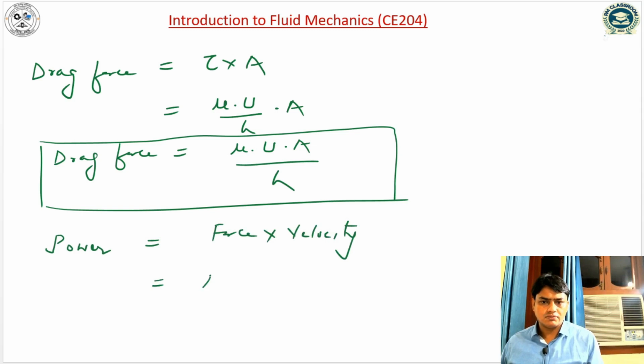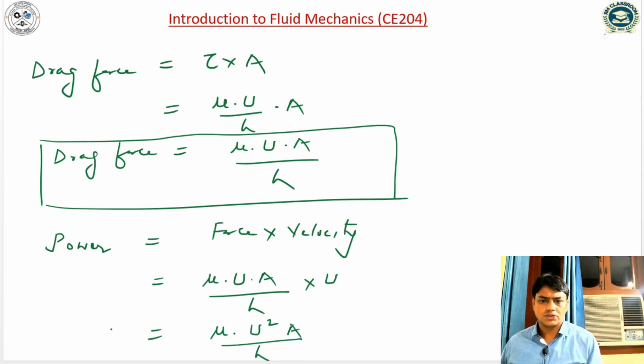So it will be mu into U into A divided by H into U, so mu into U square A divided by H is the power.